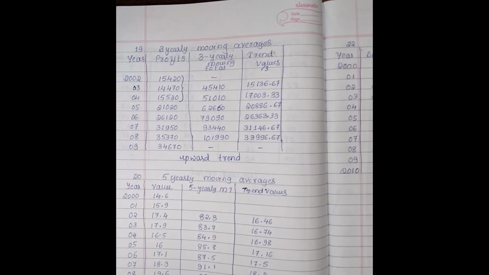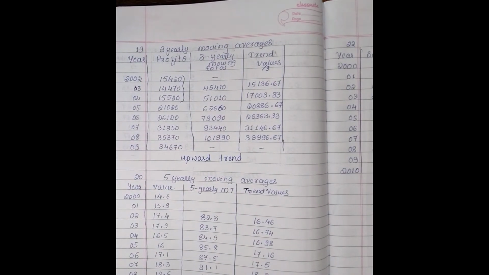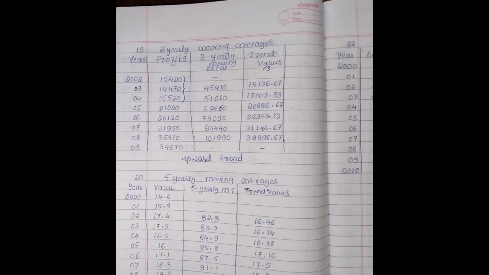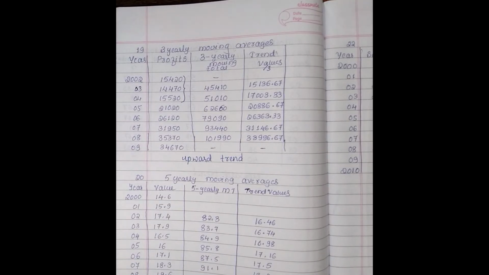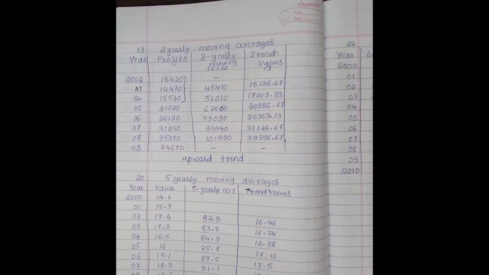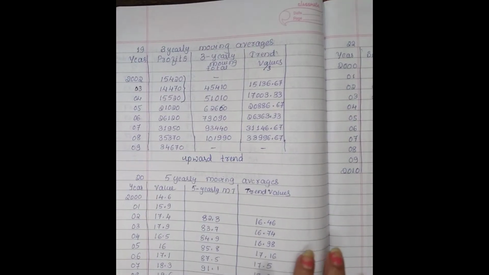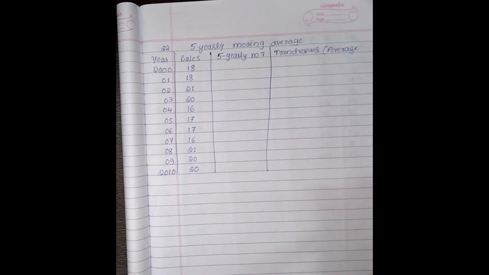Then how to calculate the 5 yearly moving averages? The next one is the 5 yearly example, but I will show you how to calculate the 5 yearly moving averages.